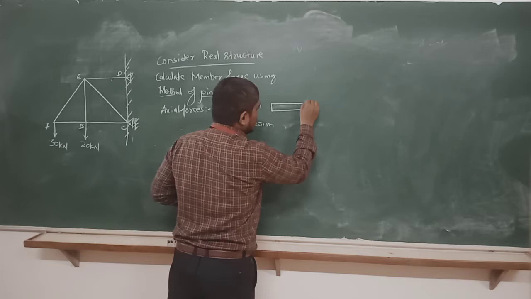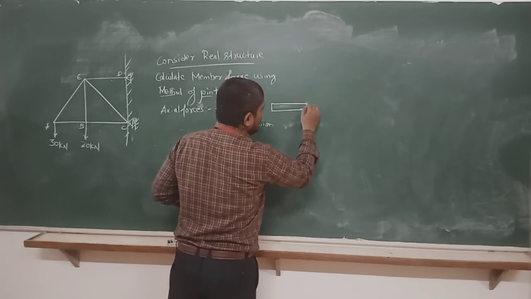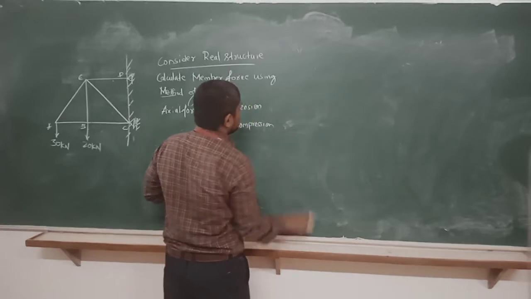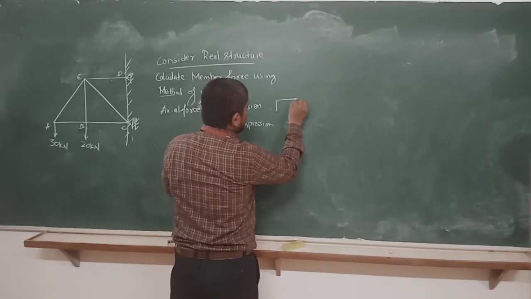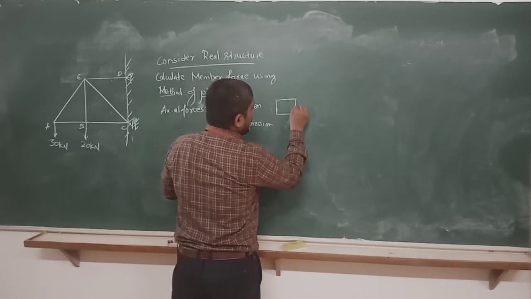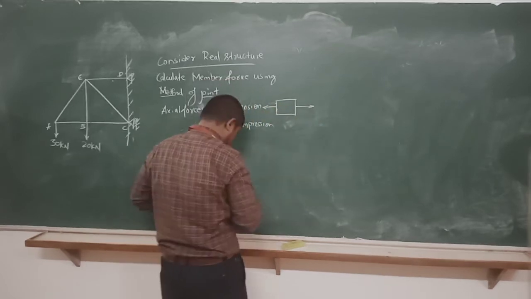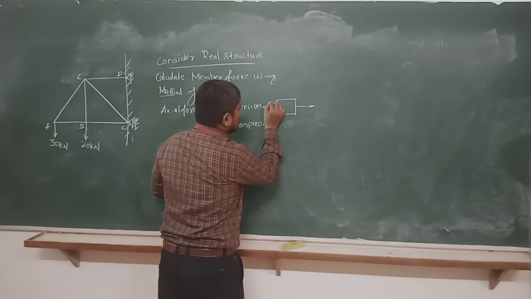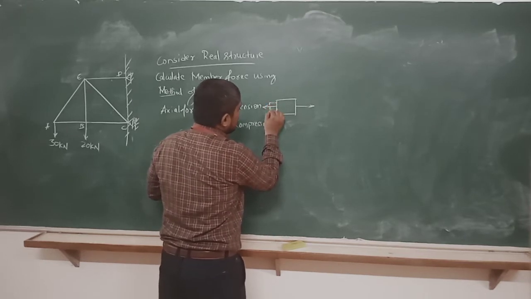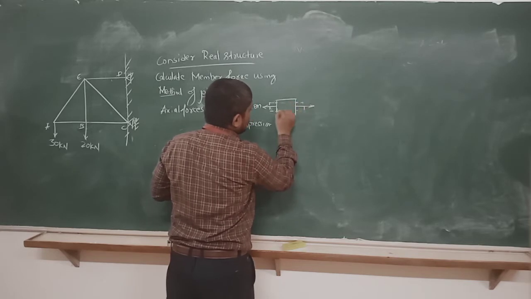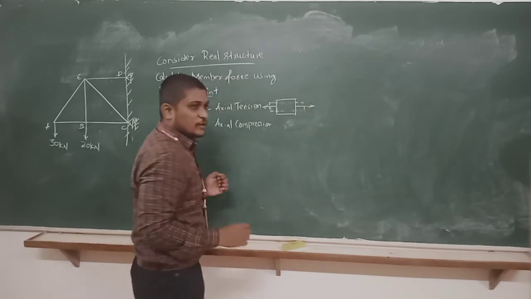Like there is a box here. Let me make it a little bigger. Small box I will take here. When you apply the load like this, what happens to this? It will elongate. Like this it will stretch. That is called what?